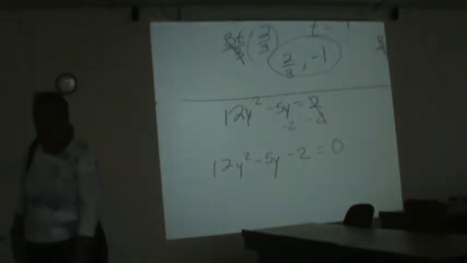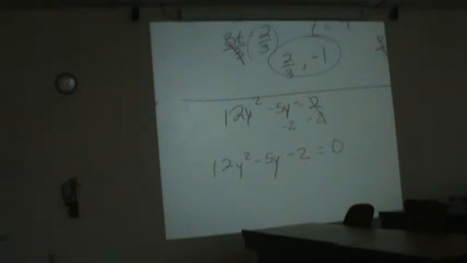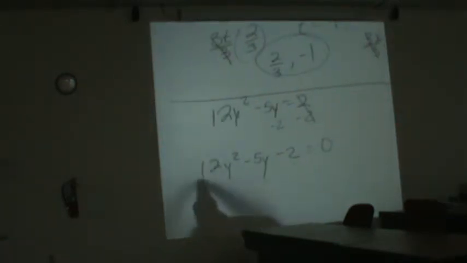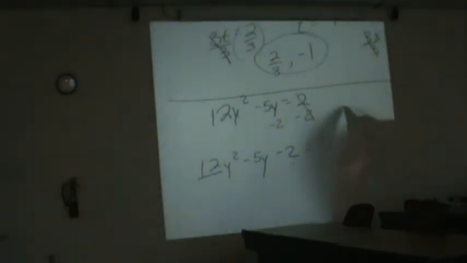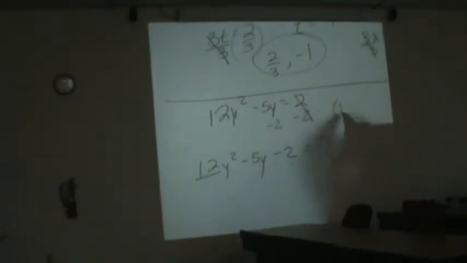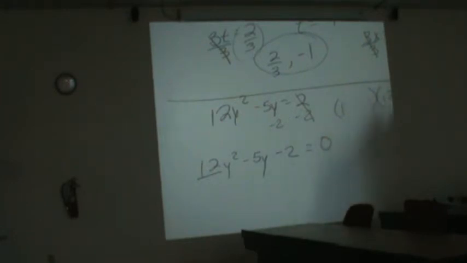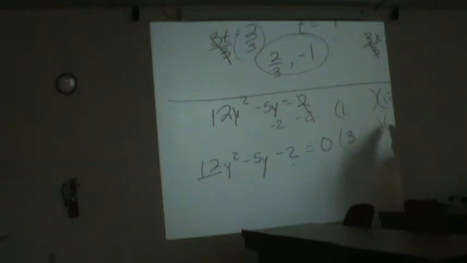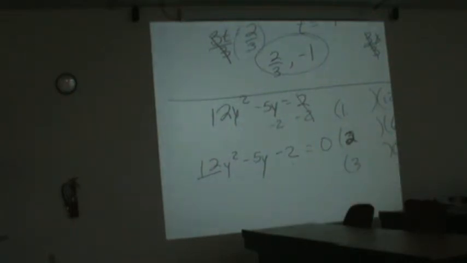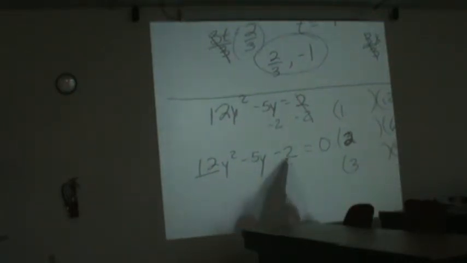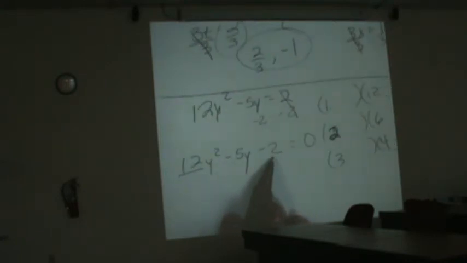Okay, this one, we haven't done factoring this hard yet. Because for 12, you could have either 1 times 12, or 2 times 6, or 3 times 4. The 2, you know it's got to be 1 times 2, but you don't know where the 1 and 2 have to be, right?